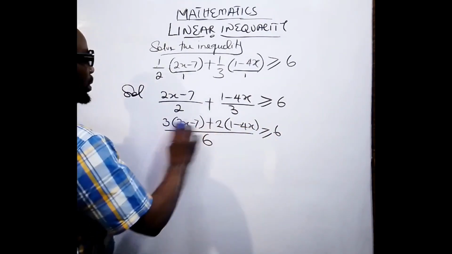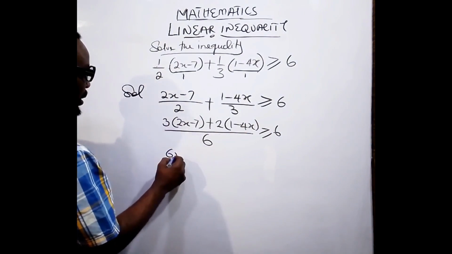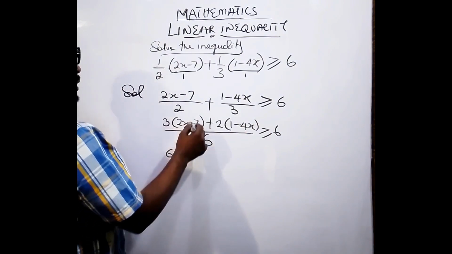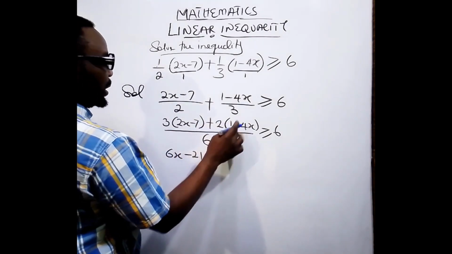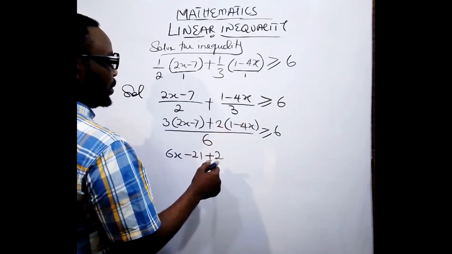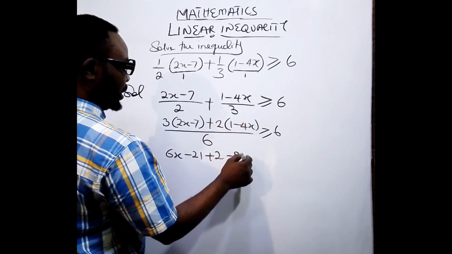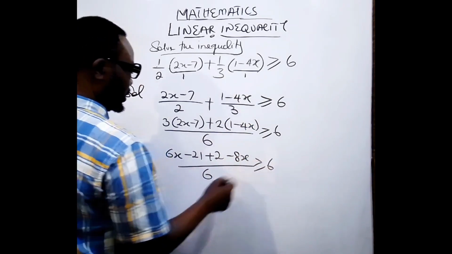Now we are going to expand this bracket. 3 times 2 is 6x. 3 times minus 7, that's minus 21. Plus 2 times 1, plus 2. Plus 2 times minus 4x, that's minus 8x. All over 6 again, greater than or equal to 6.